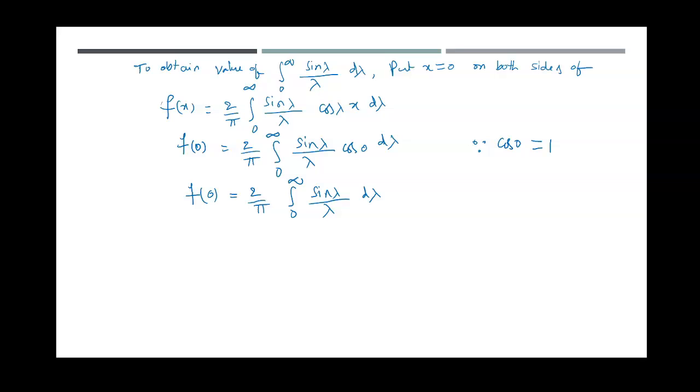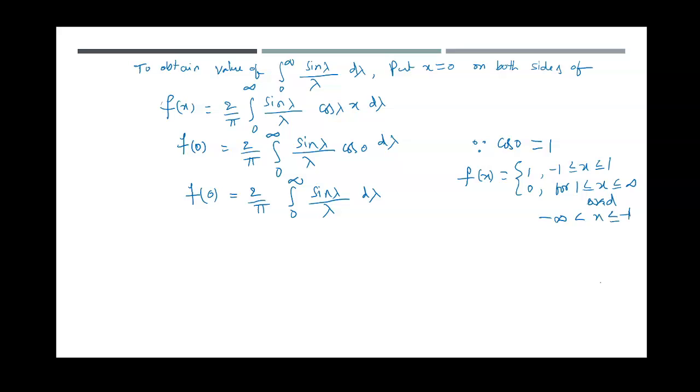And what is the value of f of 0? Here we know f of x equals 1 for minus 1 less than or equal to x less than or equal to 1, and 0 for 1 less than or equal to x less than or equal to infinity, and minus infinity less than or equal to x less than or equal to minus 1.